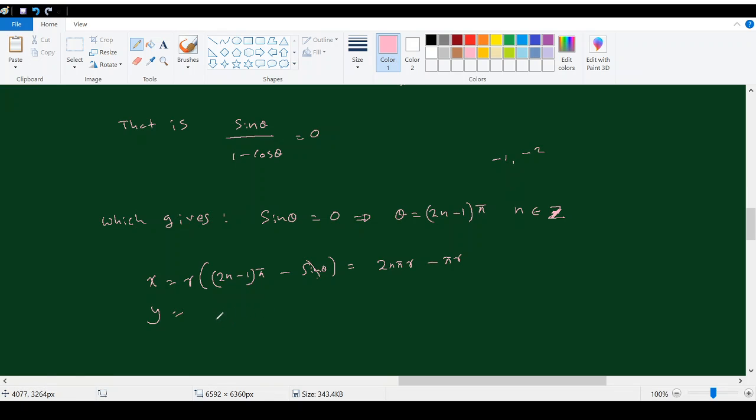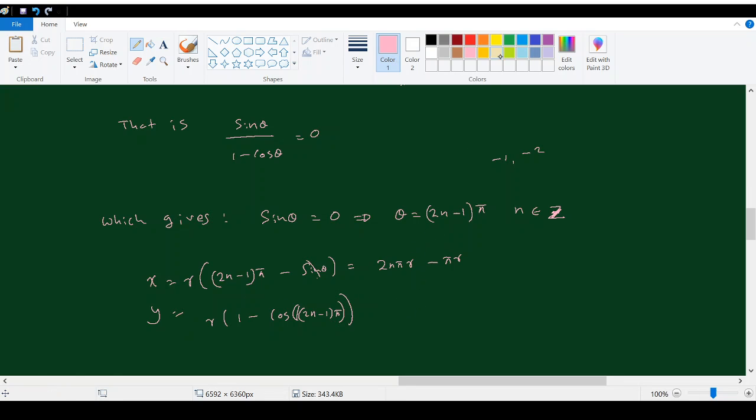And y value will be equal to r times 1 minus cos of 2n minus 1 times pi. I am just substituting this theta value in the given equation.